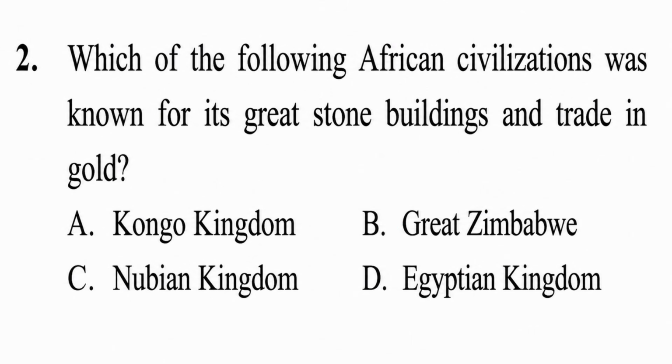The others, including Congo Kingdom, Nubia, and Egypt, had important civilizations, but the description specifically identifies Great Zimbabwe. So one of the things we should always remember is that in Great Zimbabwe, there were great stone walls, and they were involved in trading gold.